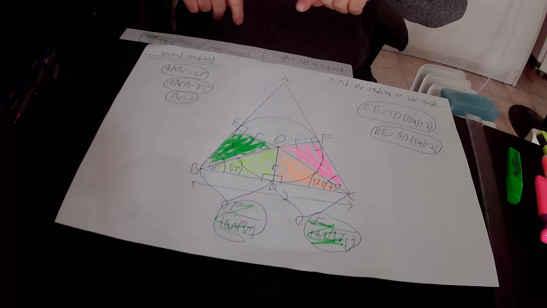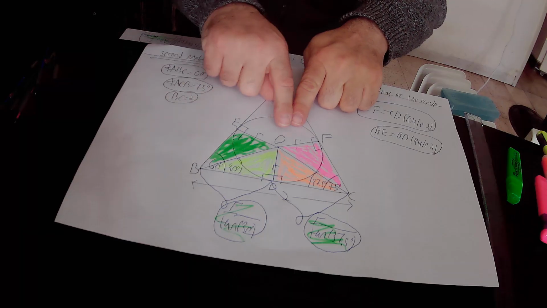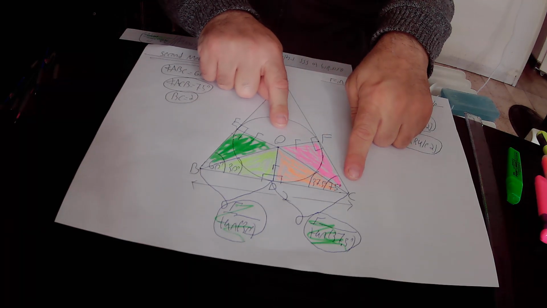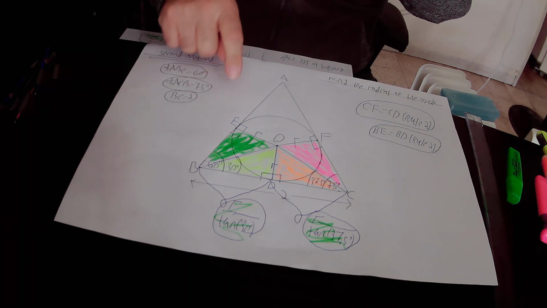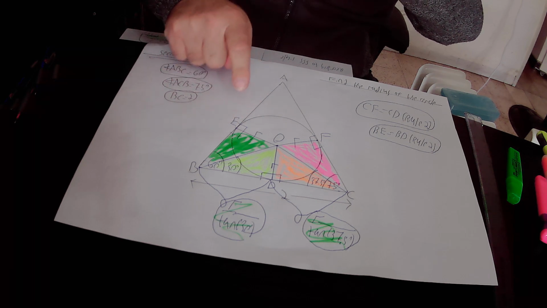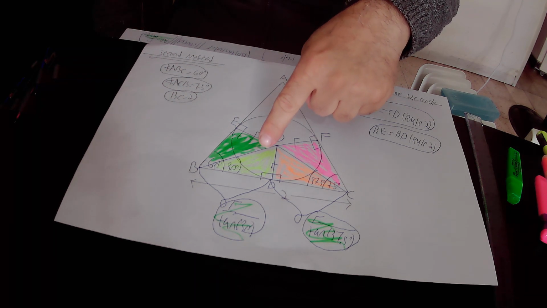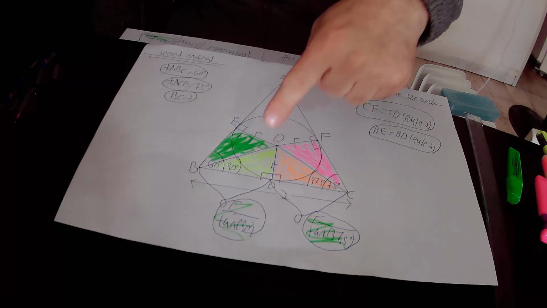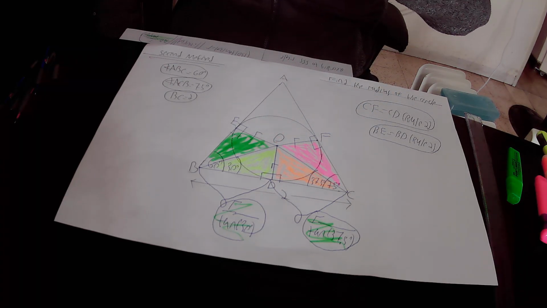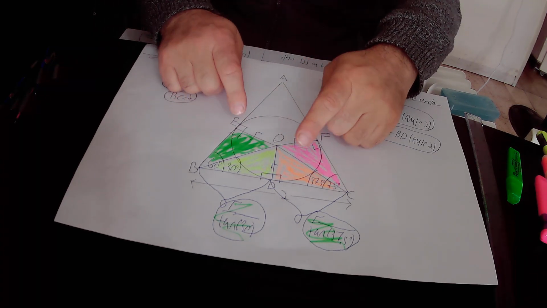Then we join points O and B together by a straight line, and we join points O and C together by a straight line. Then we prove that the green right triangle EOB is congruent to the yellow right triangle OBD. Why are those two right triangles congruent to each other?